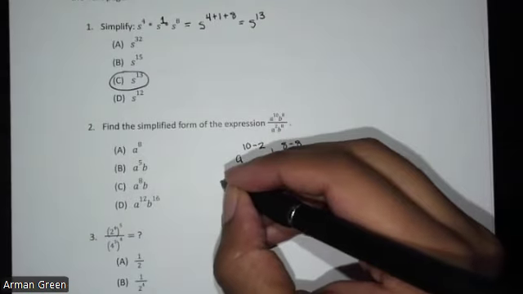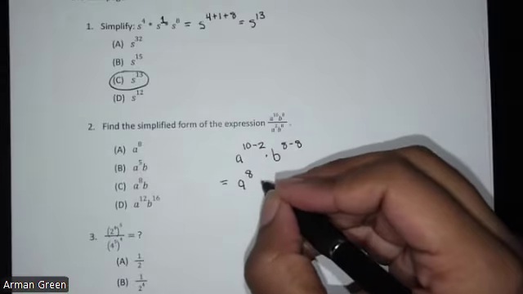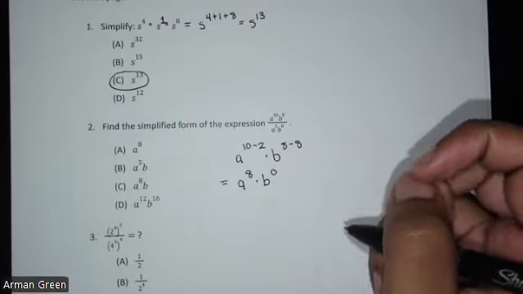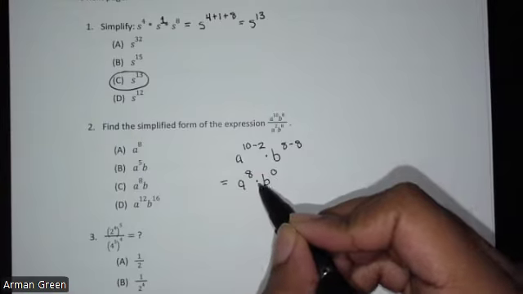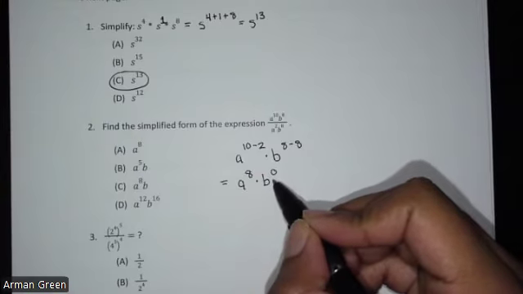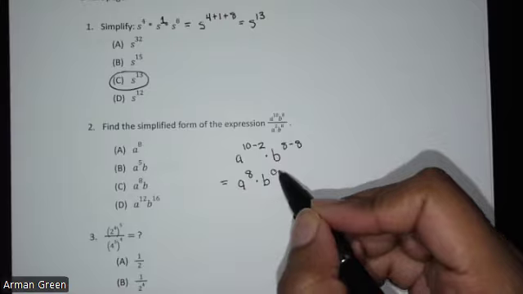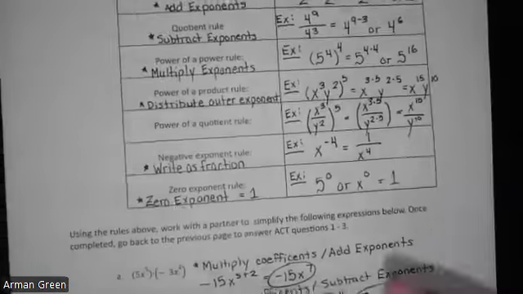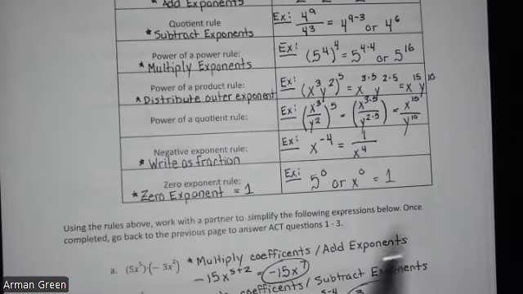So first off, 10 minus 2, that is 8. So we have A to the power of 8 times, if we did 8 minus 8, we get 0, B to the power of 0. Hey, we have a 0 exponent here. So if we go back to the last page, page 17, we said that if you have an exponent of 0, automatically that is equal to 1.